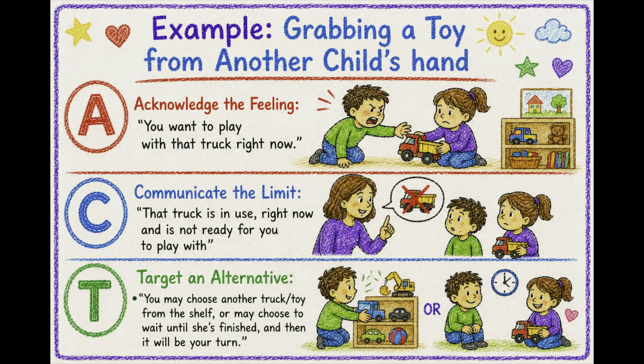And then another example would be maybe grabbing a toy from a sister or a brother's hand without asking. So you can say, acknowledging the feeling, you really want that truck right now. You really want to play with that truck, but that truck is in use. You may choose another truck from the shelf or from the toy basket or from your toy collection, or choose to wait until it's your turn and you can get a turn after the other person is done.